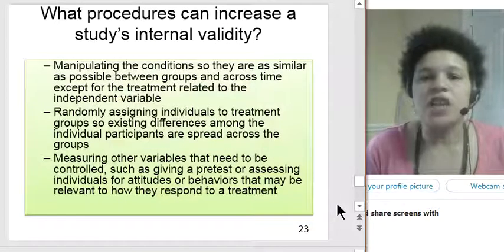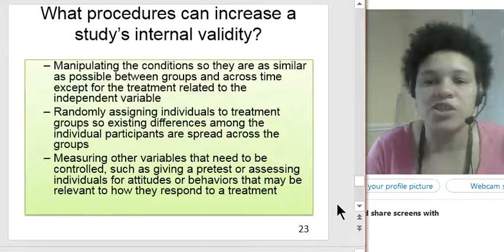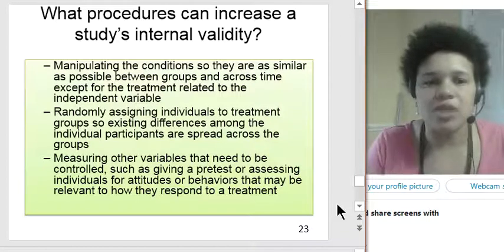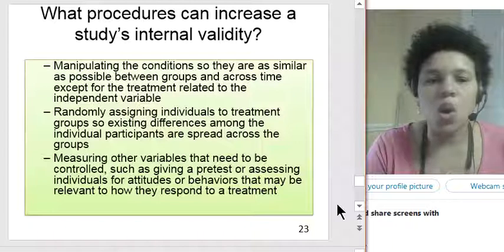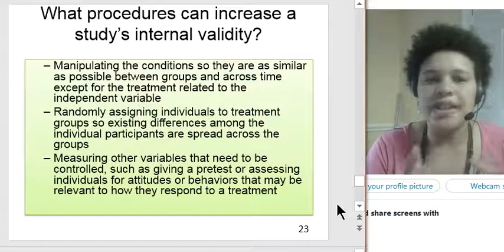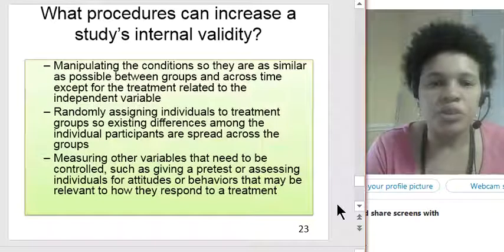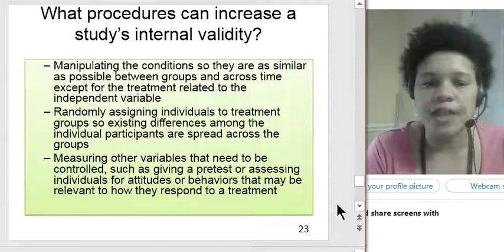Now, internal validity relates to how well this test is able to get at a person's true score on some kind of construct. There are a few ways to increase a study's internal validity, and you may hear these things mentioned, and this may be something you might want to do if you're ever doing your own research study that involves a test. Manipulating the conditions so they are as similar as possible between groups and across time, except for the treatment related to the independent variable.